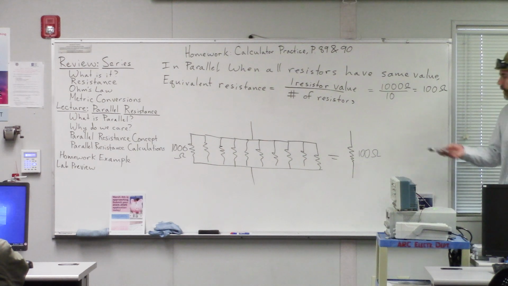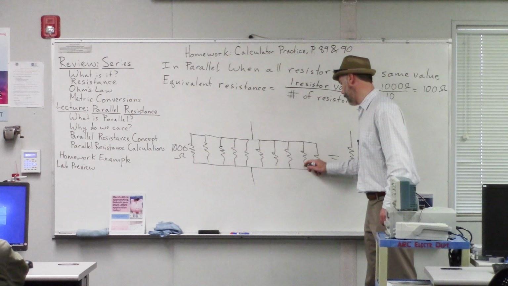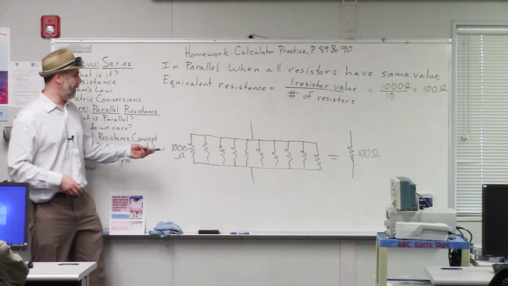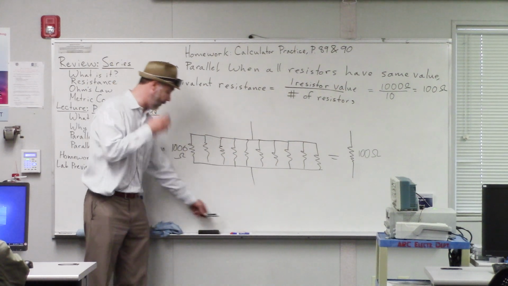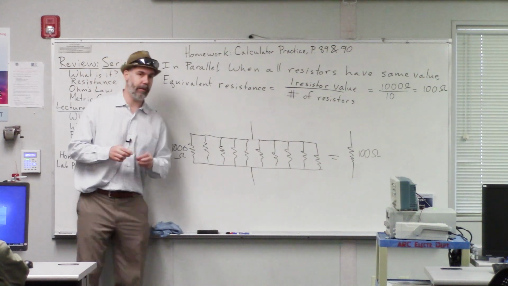And you might think, okay, well, nobody would ever do this, right? If you wanted a 100 ohm resistor, you just buy a 100 ohm resistor, right? But actually, sometimes people do make a circuit just like this. In fact, I saw an article about making this kind of circuit in a magazine not that long ago.